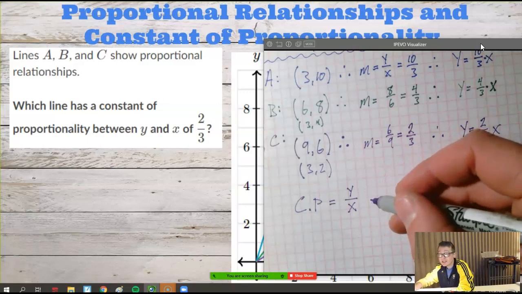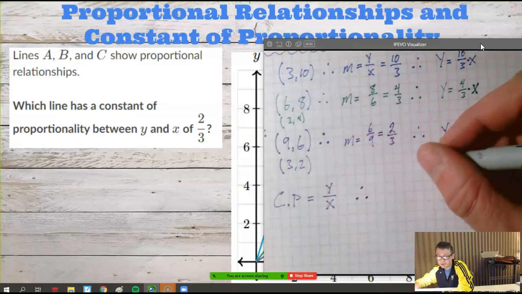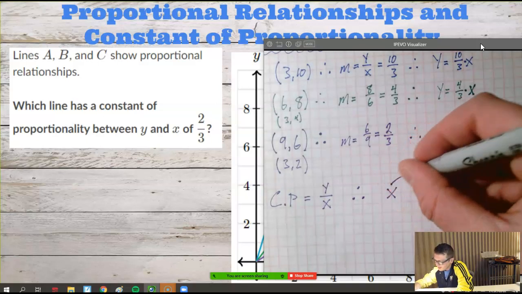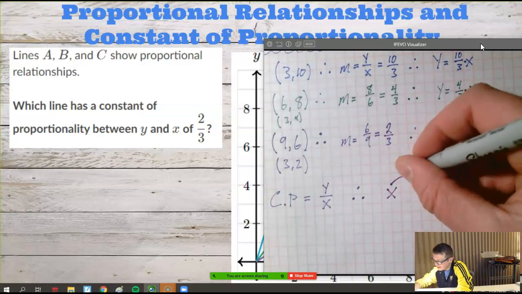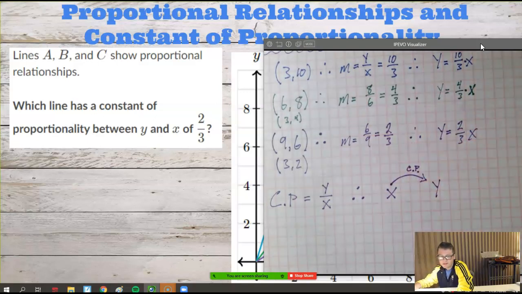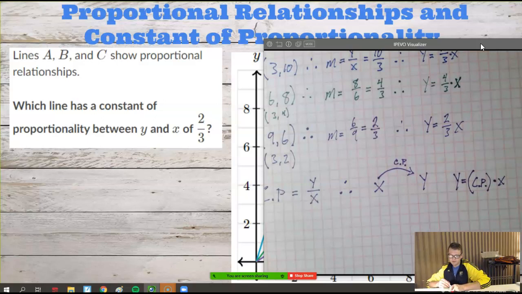If you want to understand the constant of proportionality a bit more, it will take the x, multiply the x by the constant of proportionality, and it will get the y. That's what we mean when we say y is the constant of proportionality times x: y is a result of multiplying x by the constant of proportionality.